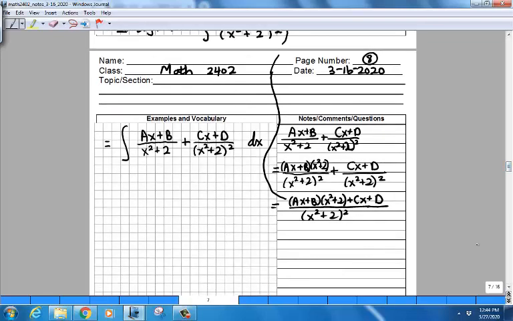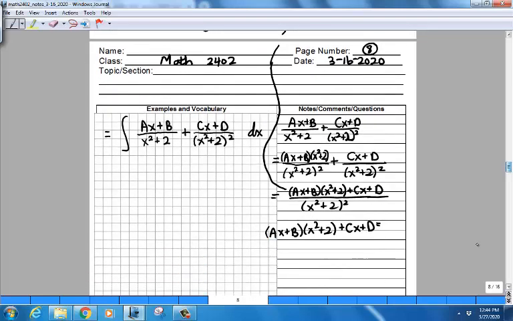So let's write down that equation that must be true: (ax plus b) times (x squared plus 2) plus (cx plus d) has to come out equal to 8x cubed plus 13.